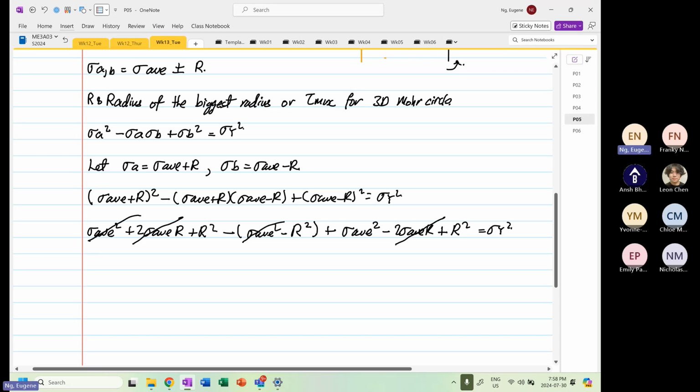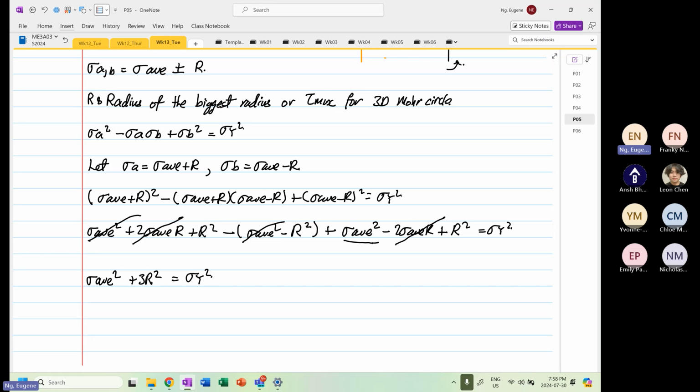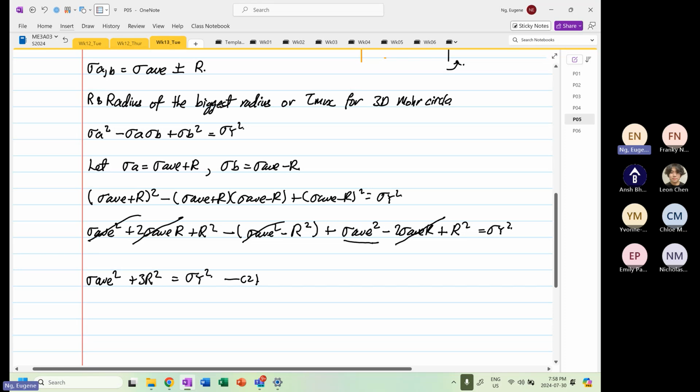So in the end, we are only left with stress average squared, R squared minus minus is plus. Okay, so plus 3R squared, right? And this has to be equal to stress U squared. Okay. So this is our equation number 2, right?